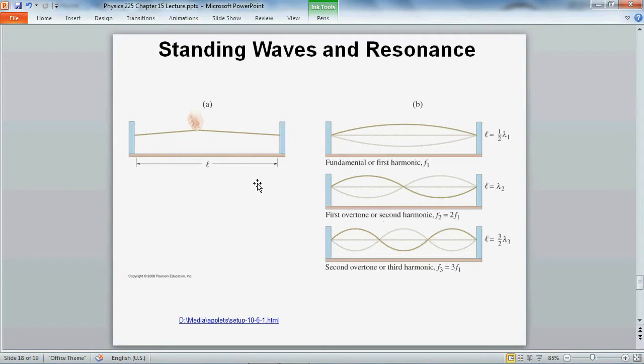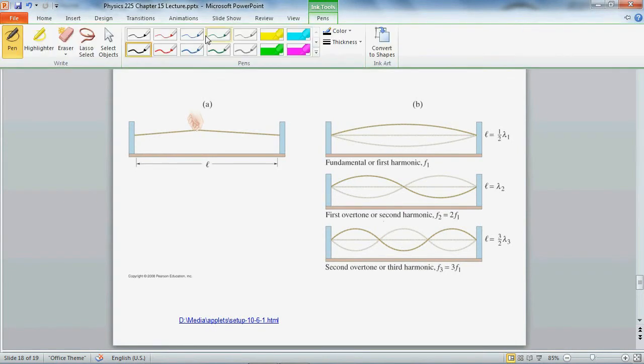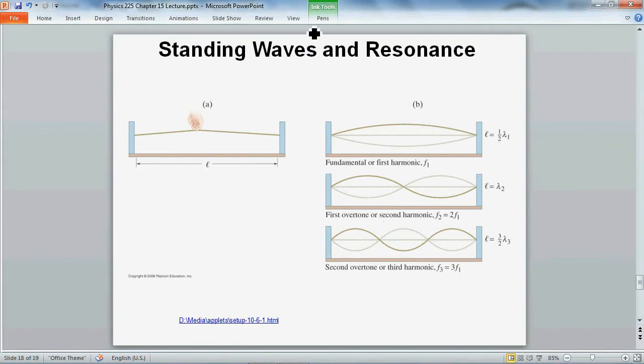And the length we saw was based on the wavelength, so the length of the distance in between the two ends is based on the wavelength, the first harmonic being 1/2 the wavelength of the first harmonic, and the wavelength 2 being for the second harmonic, and so on.